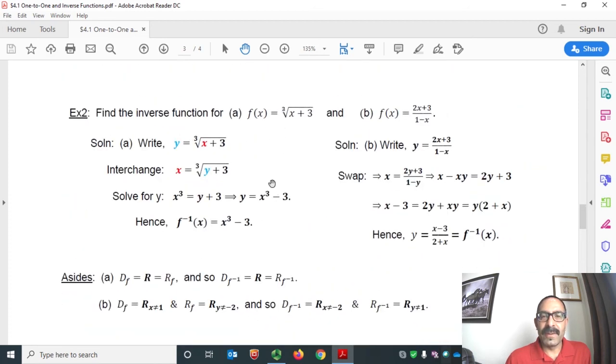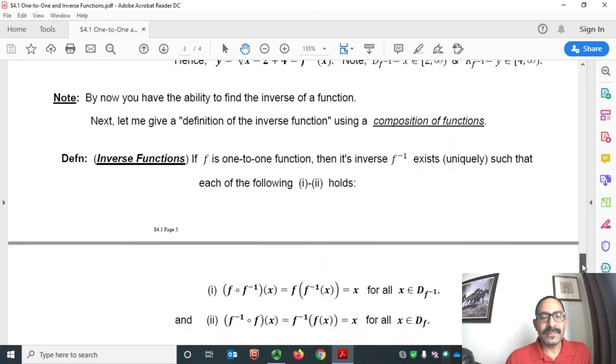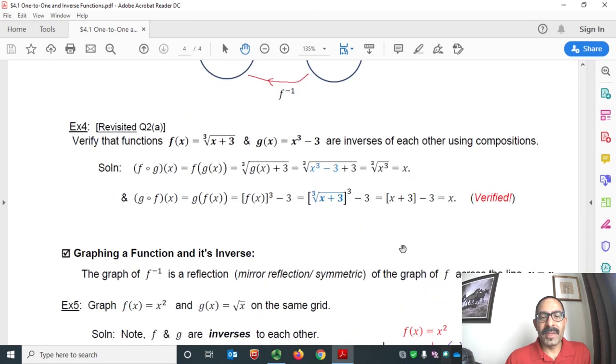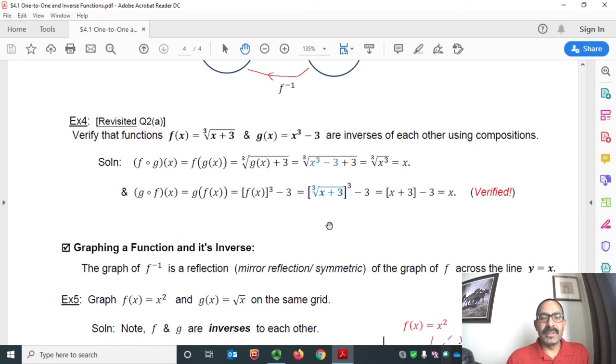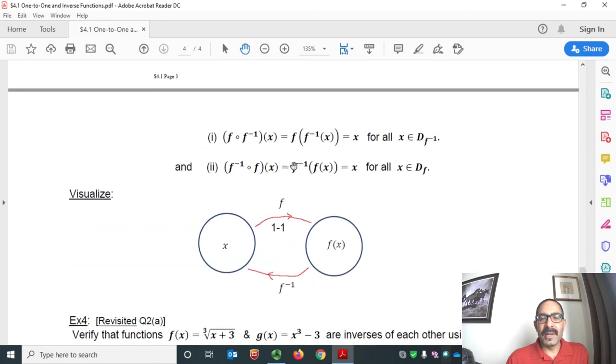So now let's verify using these compositions. These two are inverse to each other. Let me scroll down here. What I need to show in the solution is to take the composition of f composed with g and g composed with f. If both compositions give me x, then by this definition, these two functions are inverse to each other.